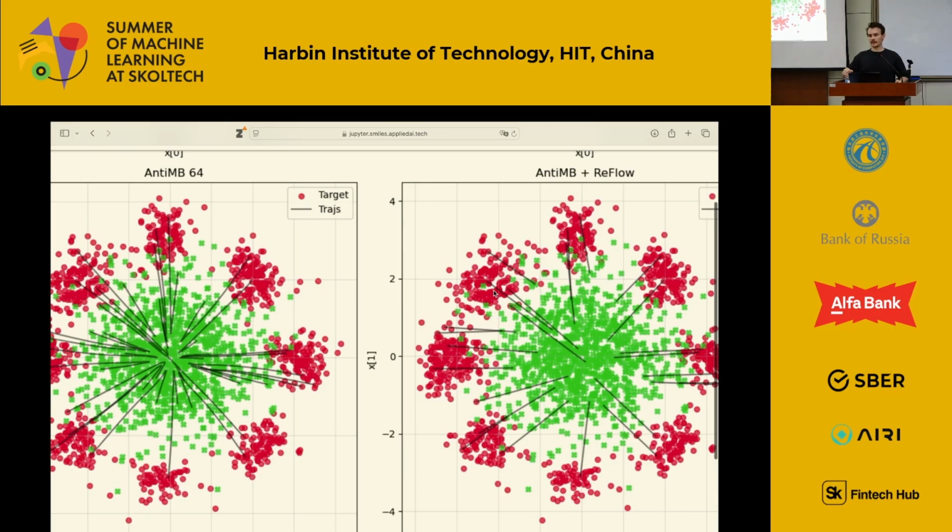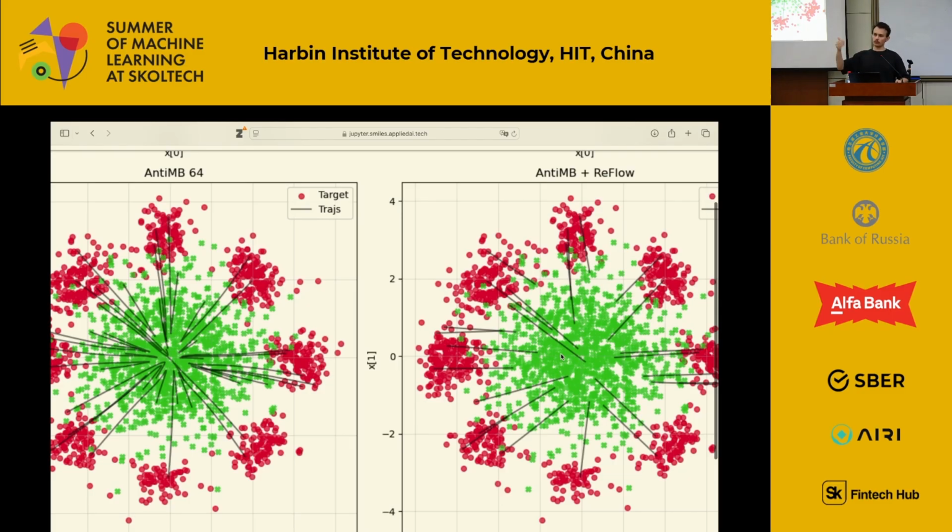Well, yeah, again, this flow matching would be a way to construct an optimal transport plan between one distribution and another distribution. That means that if we start from one distribution, which is this Gaussian, and sample a point from it, then flow matching would give us another point from this red 8 Gaussians distribution that will be the closest one to the point that we already have.